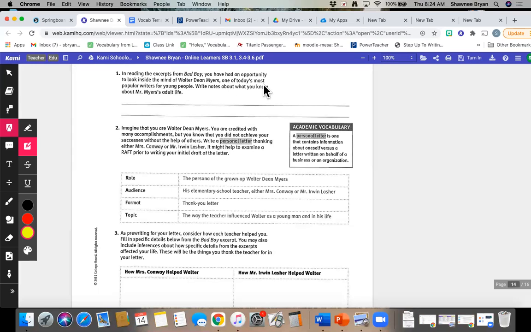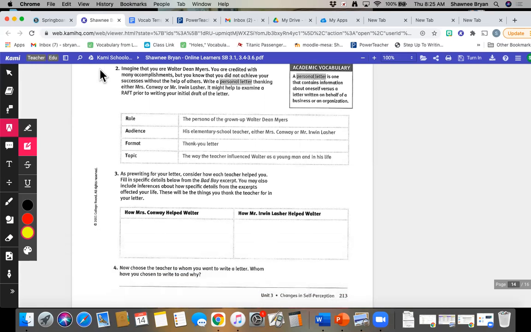Write notes about what you know about Mr. Myers' life. Remember that Bad Boy is a memoir, meaning that it is based on Walter Dean Myers as a child, okay? So based on what you know about him as a child, and now that he is a famous writer, what can you tell me about Walter Dean Myers?